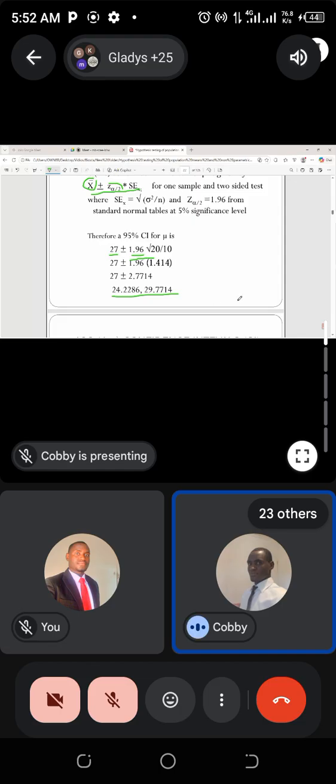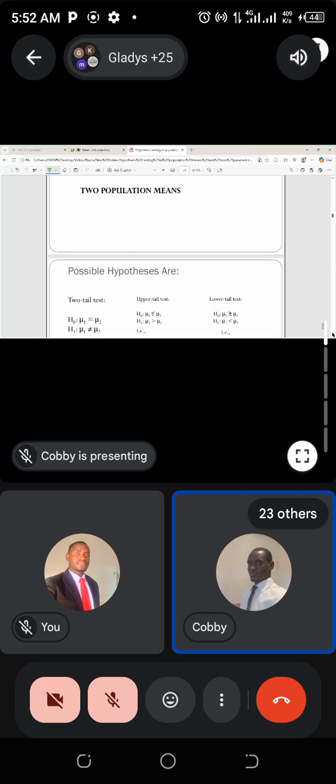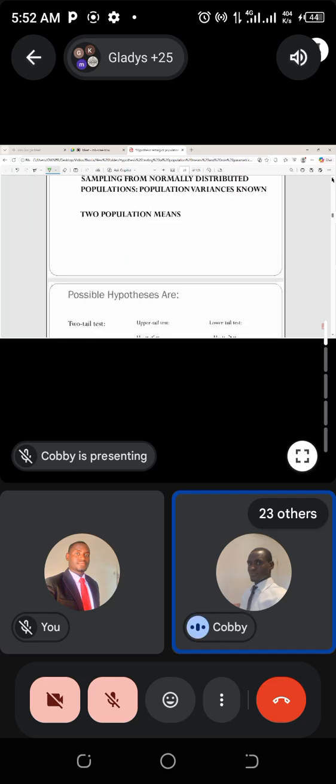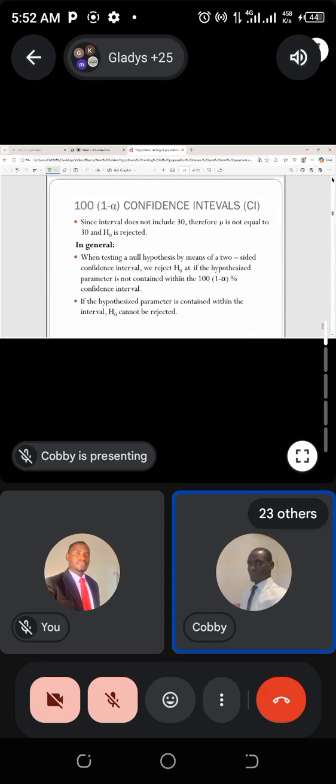So what you have to know is that since the interval does not include 30, so we have seen between 24 and 29, 30 is not there. Therefore, the population mean is not equal to 30.